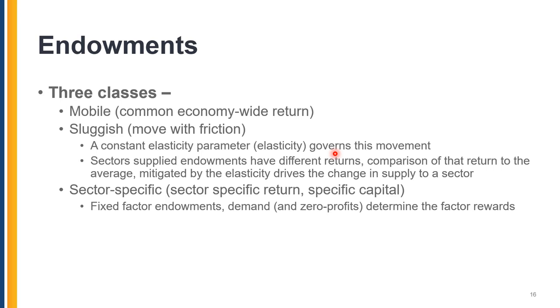Whereas GTAP tells you the worker, the labor employed in production of a cotton or wool sweater, they could be easily moved to employment in restaurants. That's the treatment there. And so obviously when you start thinking through the examples, and this is part of why the endowments get discussed more later in the course, you're thinking about length of run and closure.